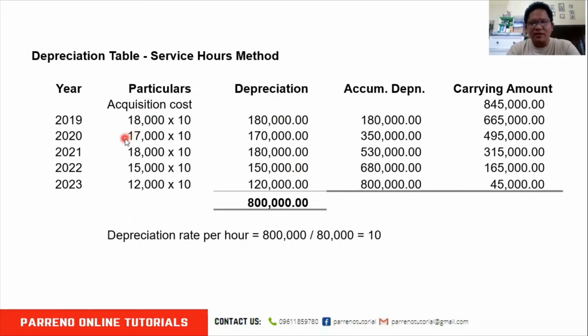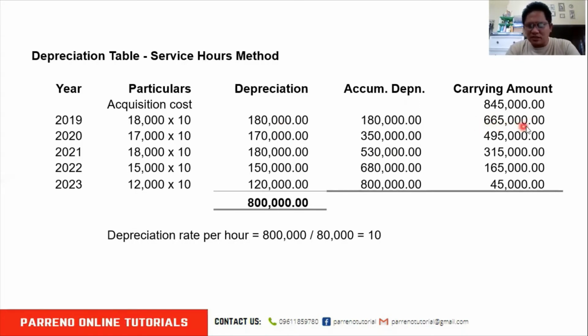Then for 2017, 17,000 hours times the depreciation rate, and so on. Depreciation is now 170, 180, 170, 180, 150, 120. The concept is the same with accumulated depreciation. Year 1, this is year 1 plus year 2, this is years 1 to 3. Carrying amount is the same. Let's start with the acquisition cost, minus the depreciation expense, is equal to the carrying amount of that year.